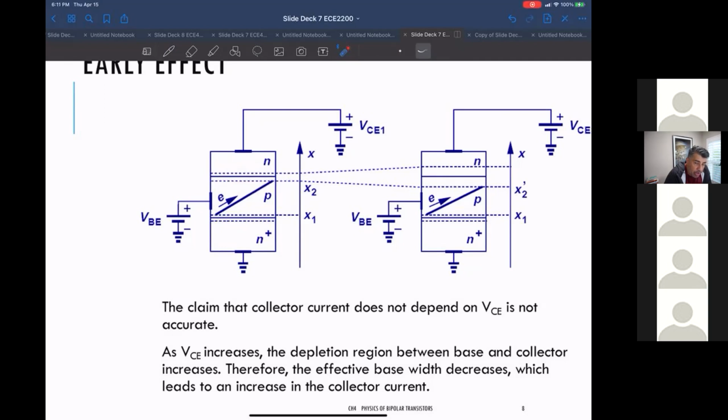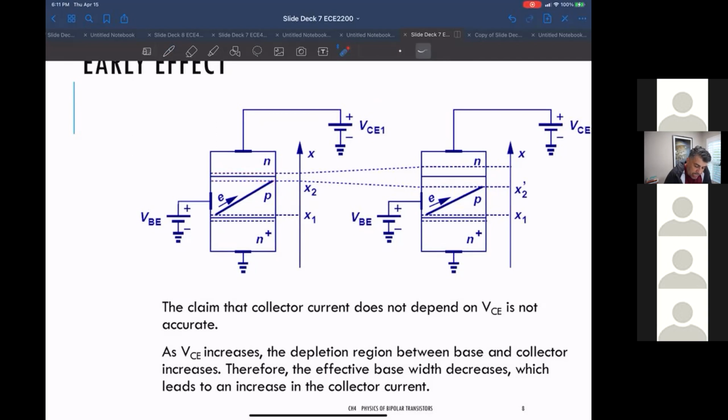It's the space charge region, the depletion region where the carriers are depleted. As you increase VCE, it increases the voltage across this base collector junction and makes it wider and wider. So this is at a higher VCE. You see the junction width has increased.